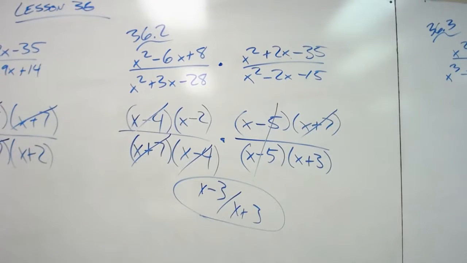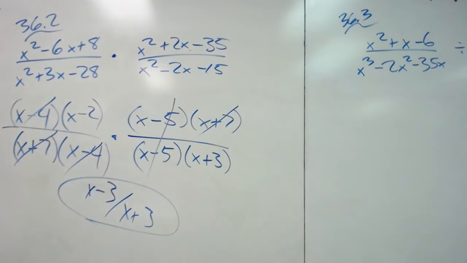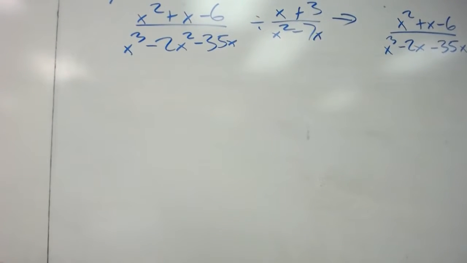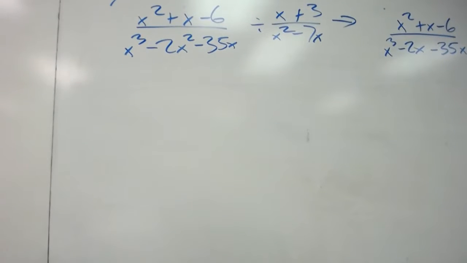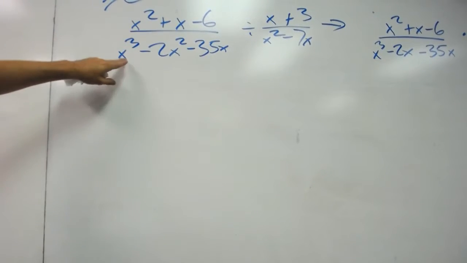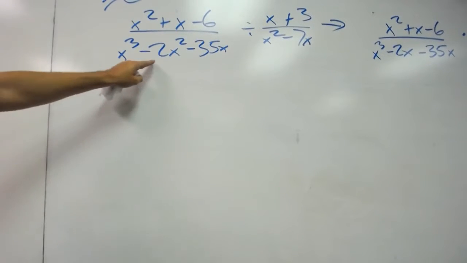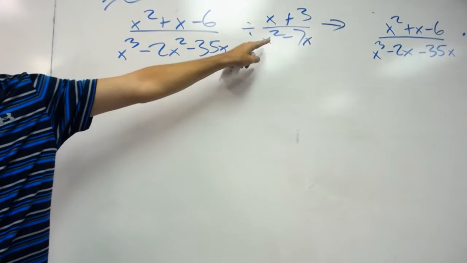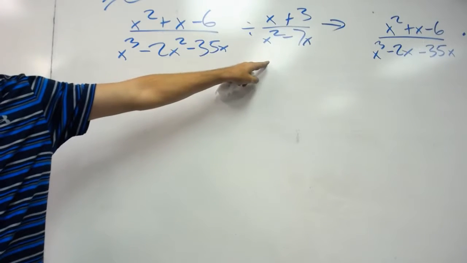Let's look at one more. This one tries to add a few things. This is example 36.3, and it gives us x squared plus x minus 6, all this stuff, but then it says x cubed minus 2x squared minus 35x divided by x plus 3 over x squared minus 7x.